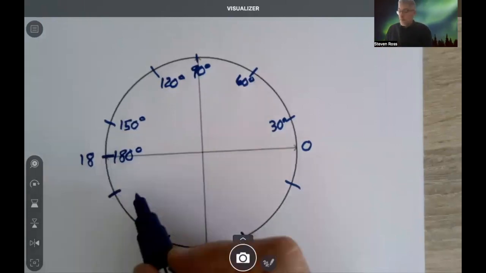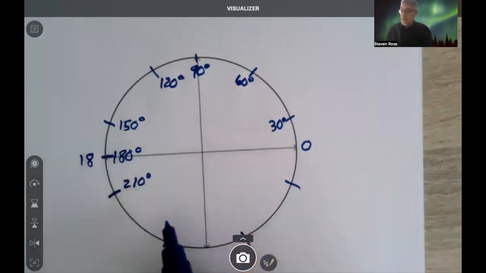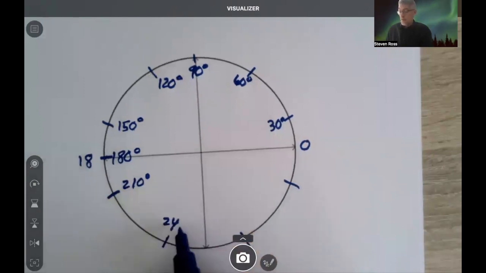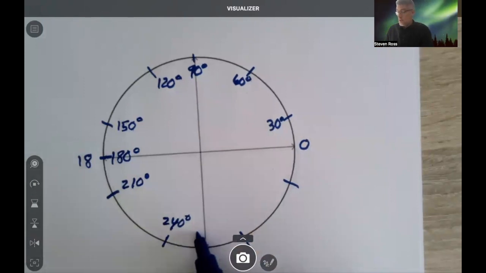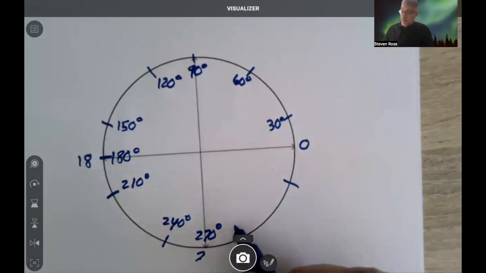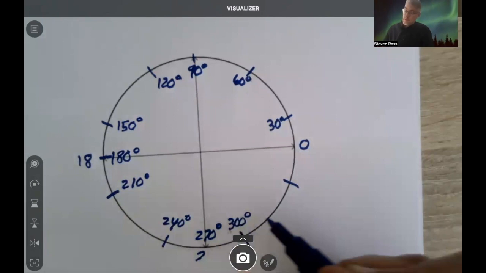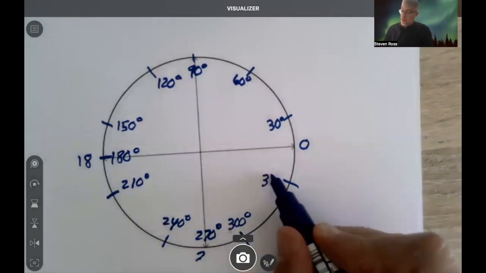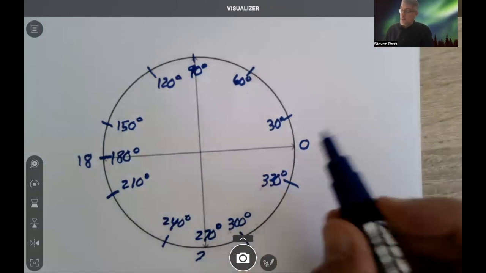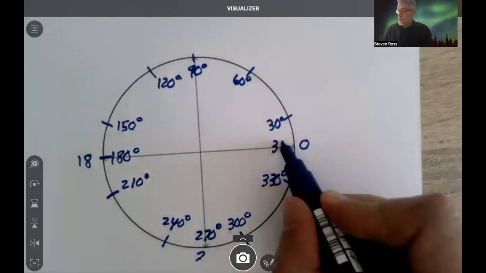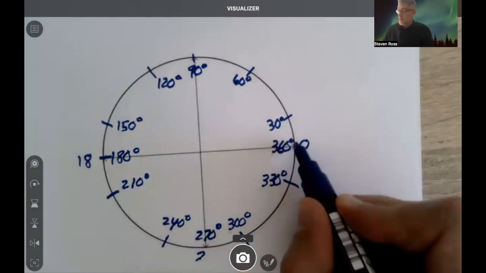Continuing on, we get 210 degrees, 240 degrees, 270 degrees. And then plus 30 is 300 degrees, 330 degrees, and finally 360 degrees all the way around.